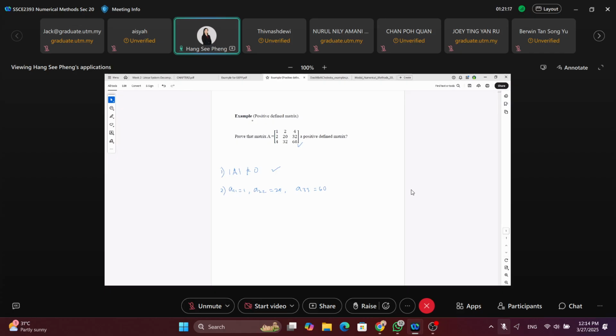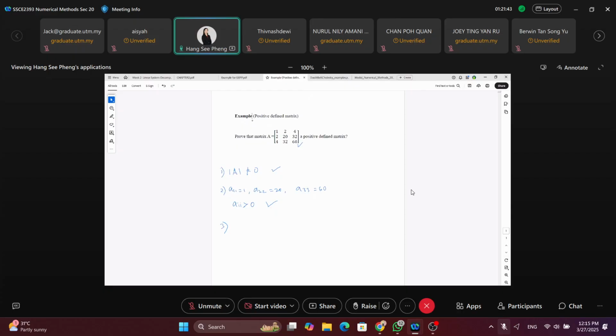But if you look at it, that is symmetric: 2, 2, 4, 4, 32, 32. That is a symmetric positive definite matrix. They are all greater than 0, therefore the second condition is also satisfied.